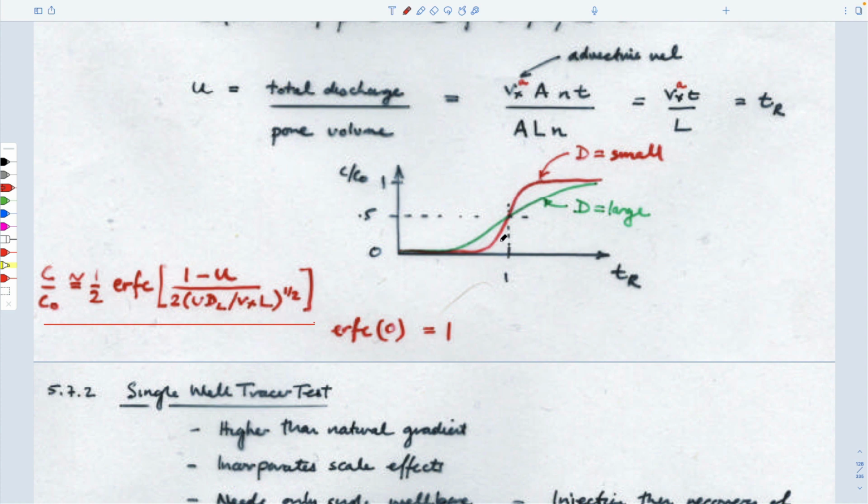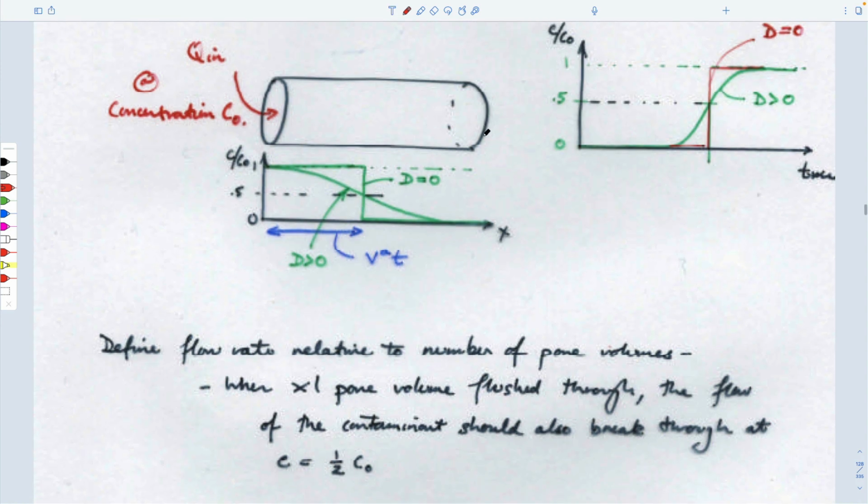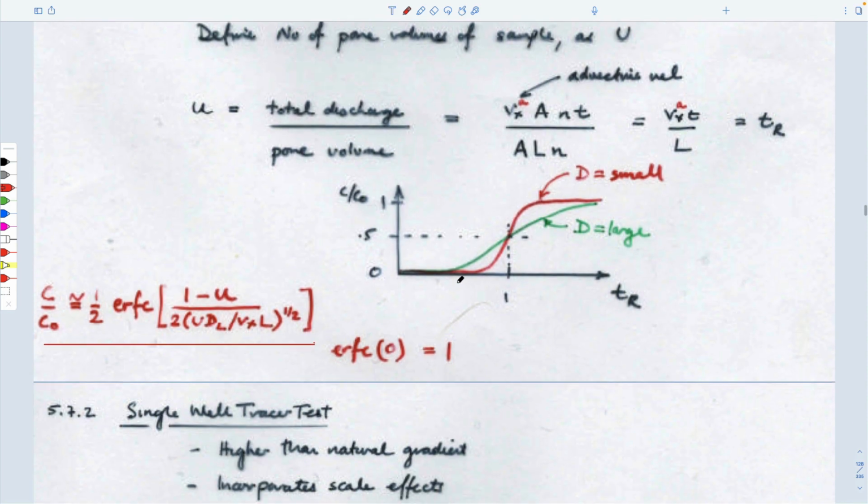And if you push through a number of pore volumes of fluid, so if you push through half a pore volume of fluid, you could measure the concentration at the downstream end of the core. You push through one volume, you measure the concentration, etc. So you'd end up with a residence time distribution which at half a pore volume, 0.75, one pore volume, 1.25, so you'd get these concentrations.